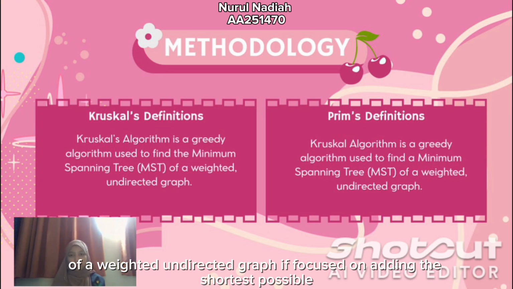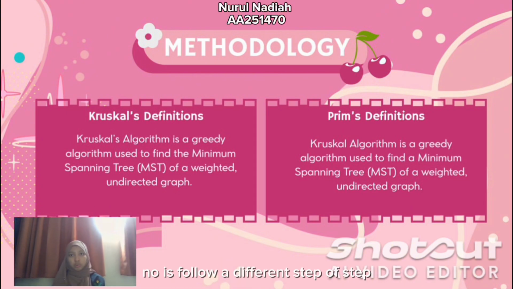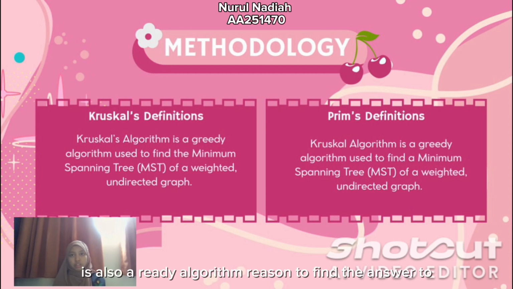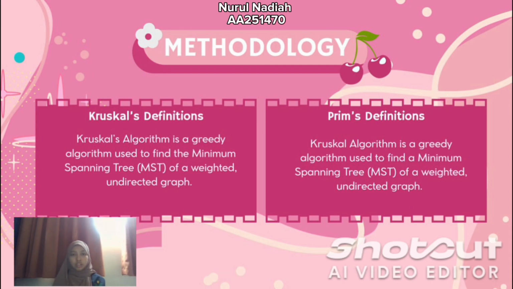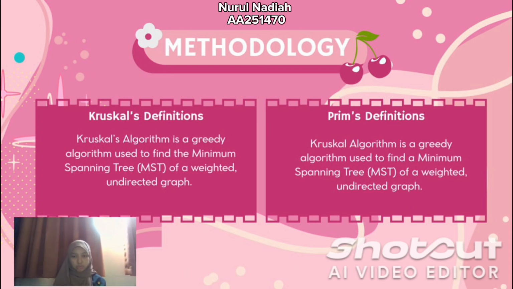We focus on adding the shortest possible edges to the network while ensuring no cycle forms. Prim's algorithm follows a different step by step, but it's also a greedy algorithm designed to find the MST. It's particularly effective for dense graphs. In the next slide, we will take a closer look at the specific steps involved in executing Prim's algorithm.